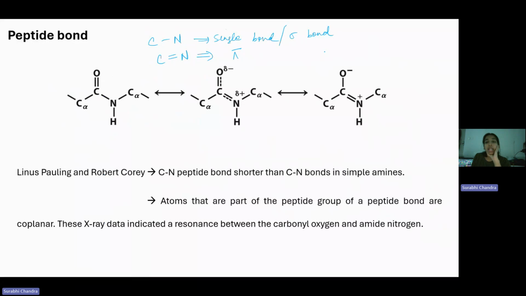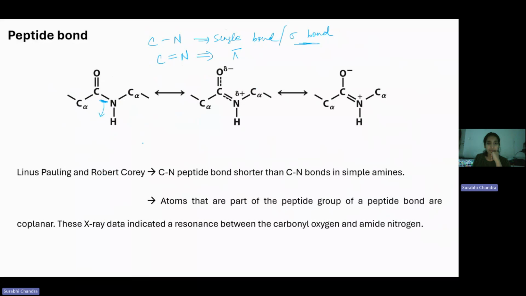What they found from the X-ray diffraction studies is that the peptide bond is shorter than the bond length of a single sigma bond, but it's greater than the bond length between two double bonded atoms, which implies that it does have a partial double bond character.